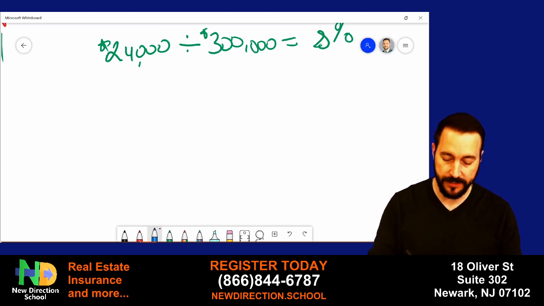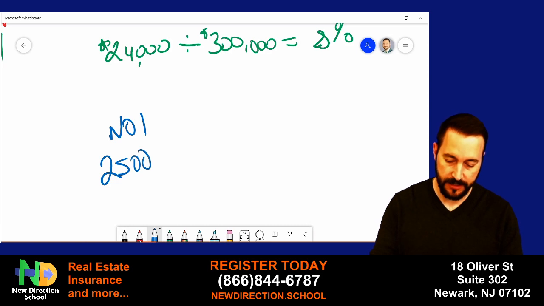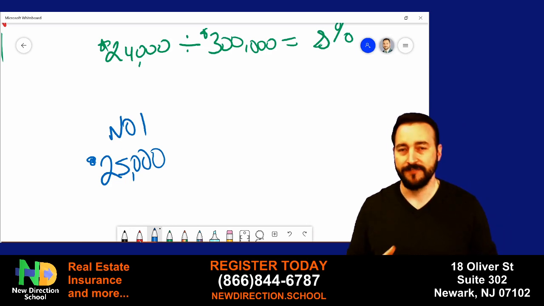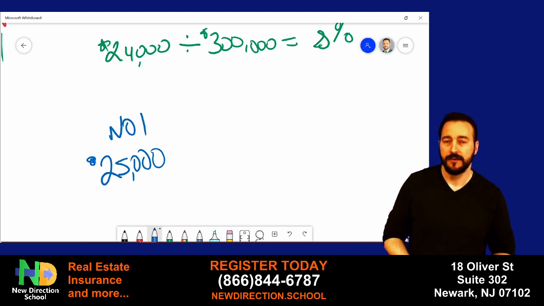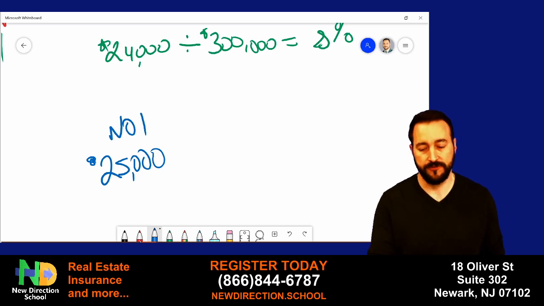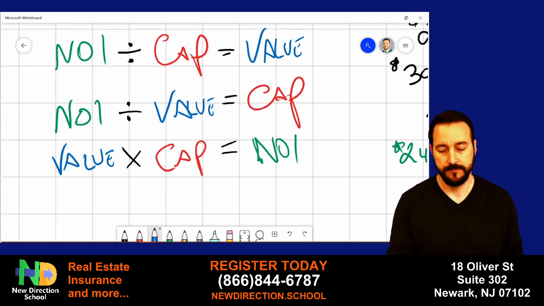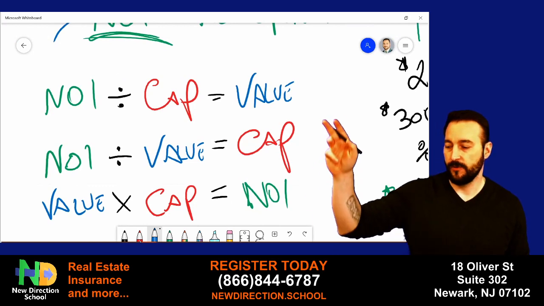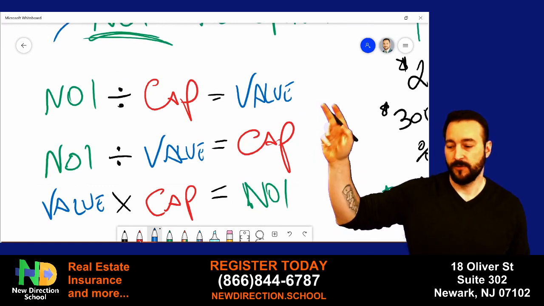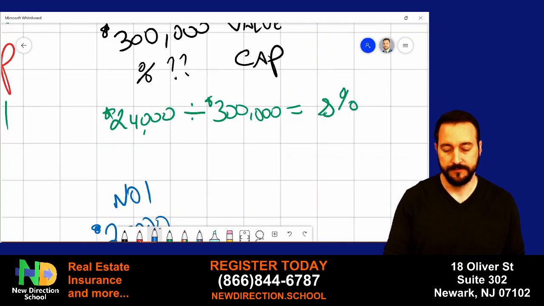So all I would have to do now is, my property brings, let's say my NOI in my property is $25,000. So just a little bit more than that property right there. Okay, we have the NOI, we have the cap rate, and we're trying to figure out the value. What is the formula? Over here, right? The first one, we have NOI, we have cap, we're trying to figure out the value.